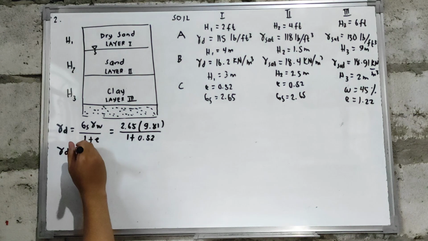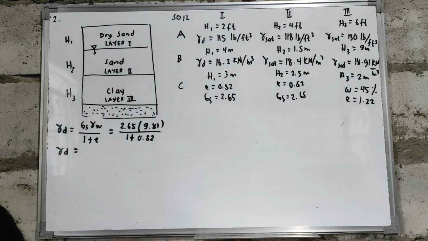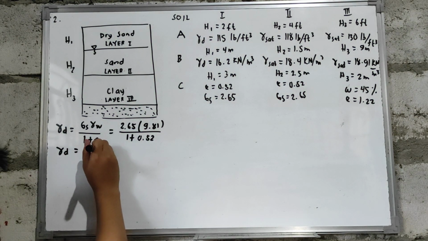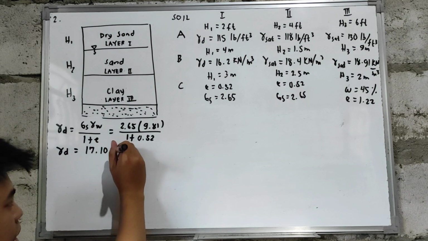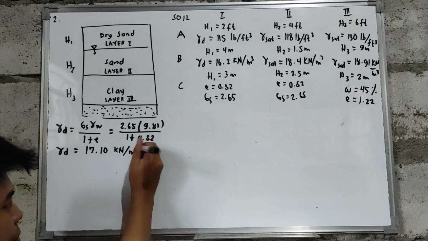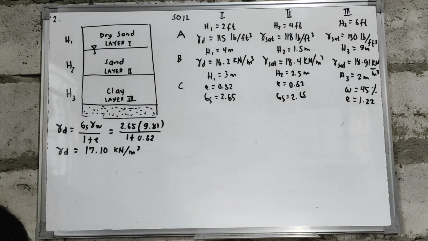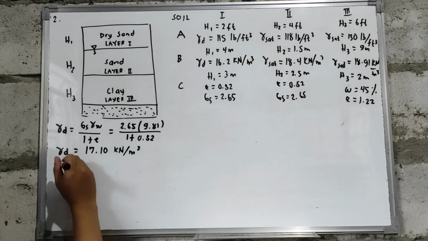So, our dry unit weight is now equal to 17.10 kilonewton per cubic meter.